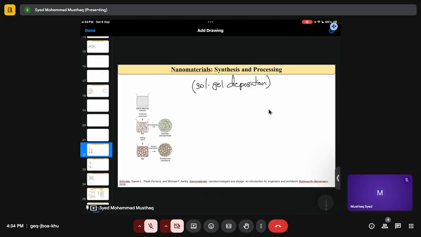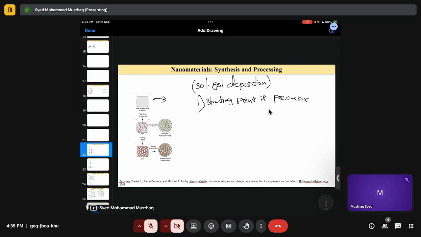So the starting point is the precursors, and they are mostly metal oxalates or metal alkoxides solution.